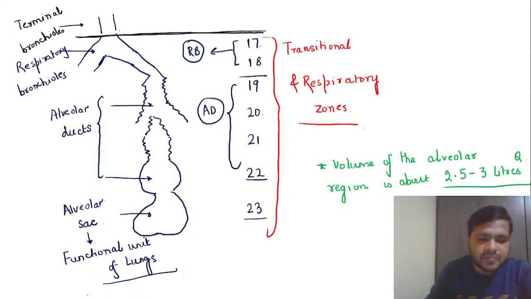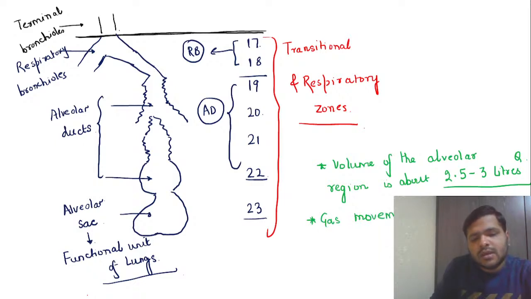And gas movement in the alveolar region is chiefly by diffusion. Which process?